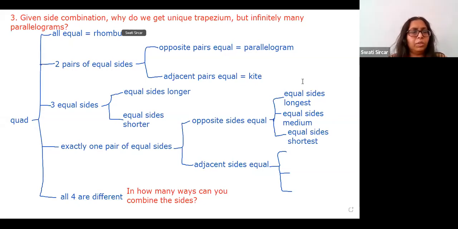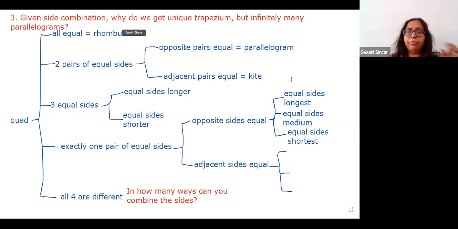So that's one question. The other question is, suppose you are given anything, right? For example, I can make this trapezium where the shortest side and one of the equal sides are parallel. But if I try to make the other two parallel, it's not really working.